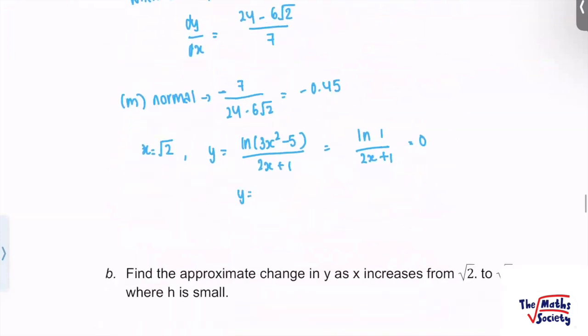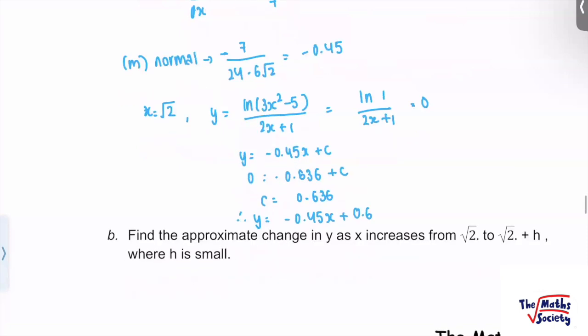You have y equal to mx plus c, so it's minus 0.45x plus c. So if y is 0, you get minus 0.636 plus c. C is going to be plus 0.636. So therefore your equation is going to be y equals minus 0.45x plus 0.636.